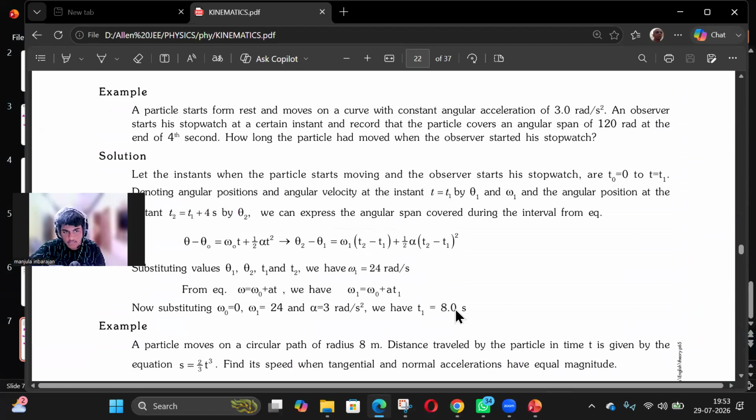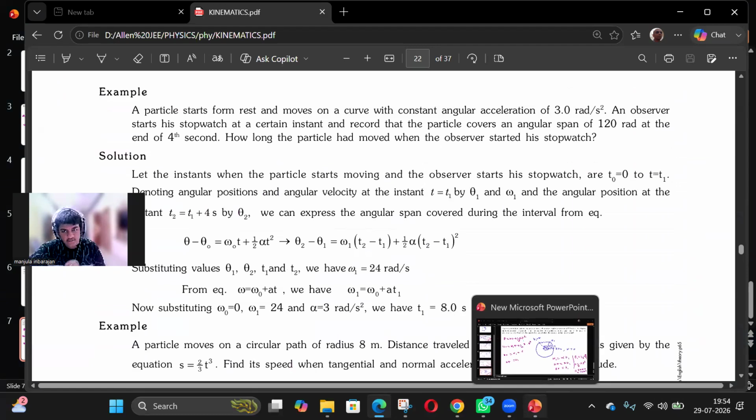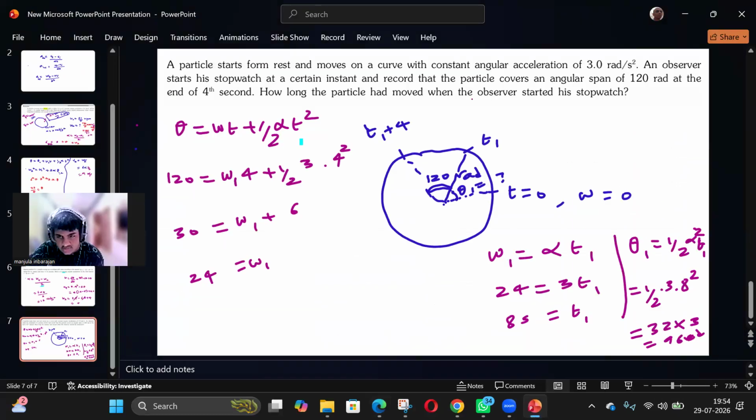But that's it, is it? You don't have to find theta 1. They only asked how long it is, so 8 seconds is enough. In case they had asked, then theta 1 is ut plus half alpha t square. u is 0 because starting from rest. I made a mistake here: half alpha t square only. So half alpha is half into 3, into t square is 64.